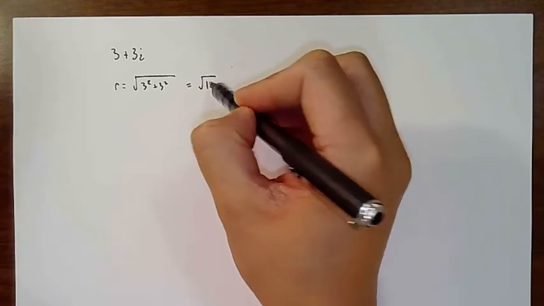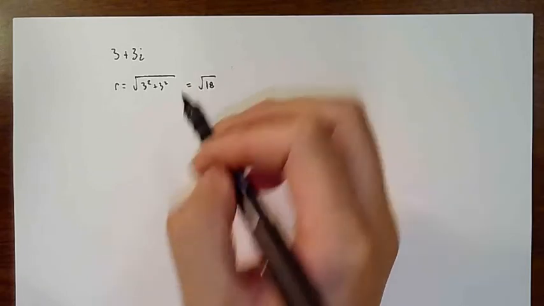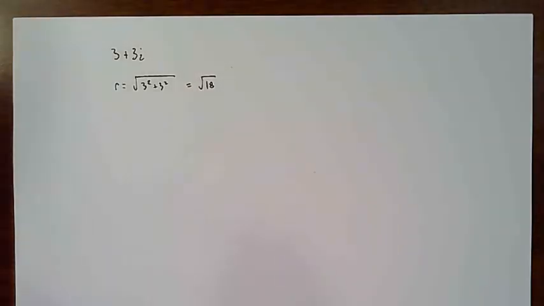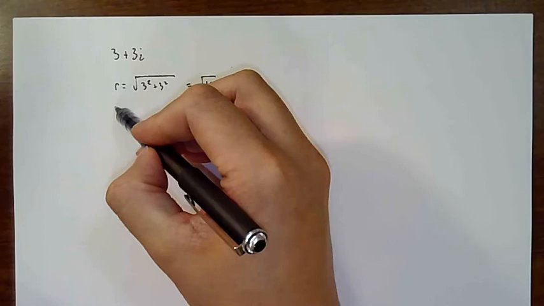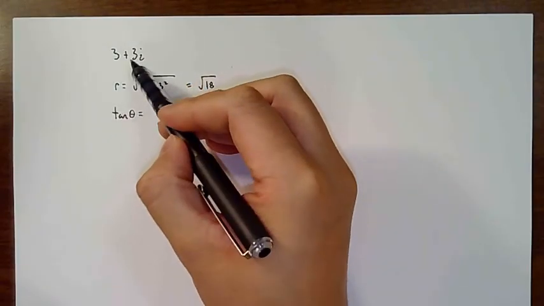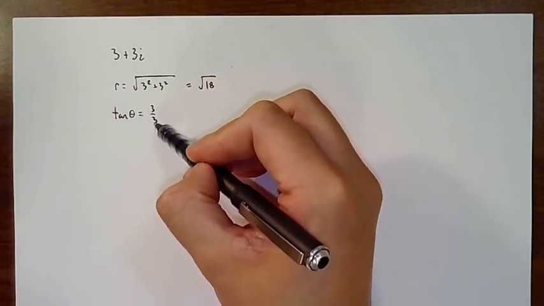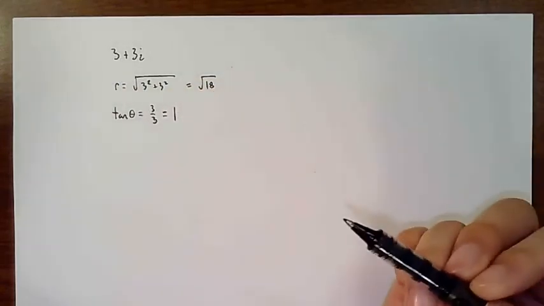And remember, we're not going to get a decimal approximation. If we were required to, we could reduce this radical a little bit, but I don't think we're going to be required to. And then we're going to find here tan theta. Now this is tan theta, so it's b over a, right? So it's 3 over 3, which is 1.